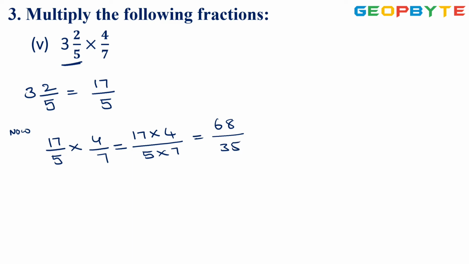So 68 is divisible by 35. 35 ones are 35 and the remainder is 33. So quotient is 1, remainder is 33, by denominator 35. So 1 33/35. So the result of 3 2/5 into 4/7 is 1 33/35.